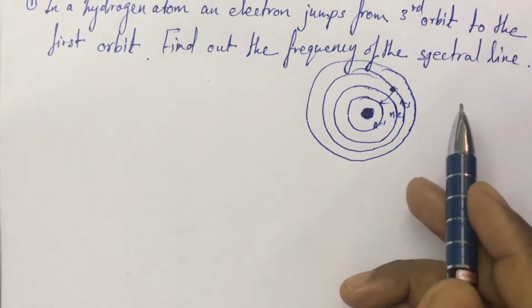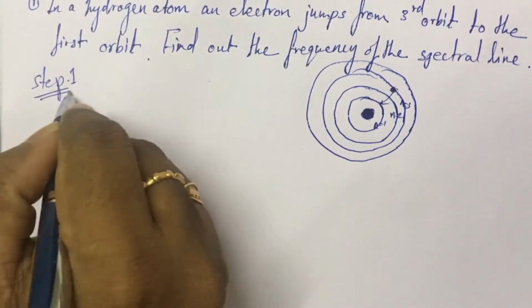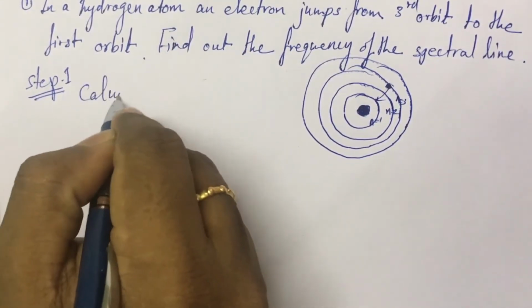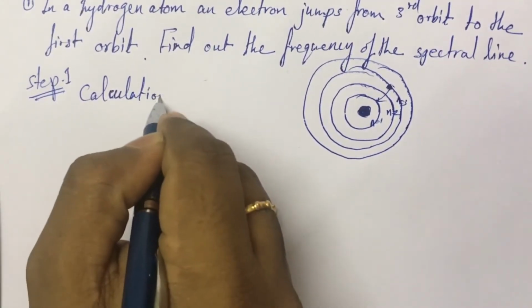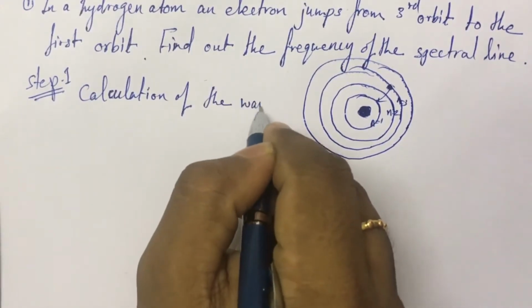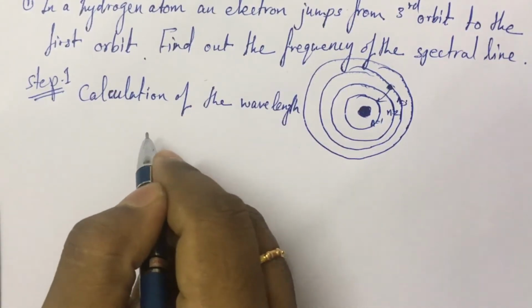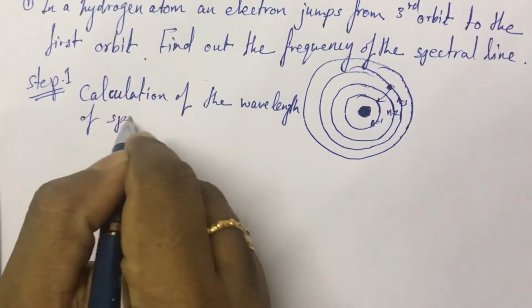So first of all, let us write step 1. In step 1 we have to calculate the wavelength of the spectral line. If you are able to find the wavelength, you can easily find the frequency, isn't it?